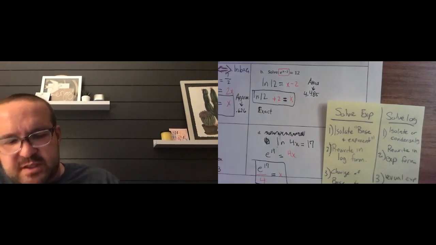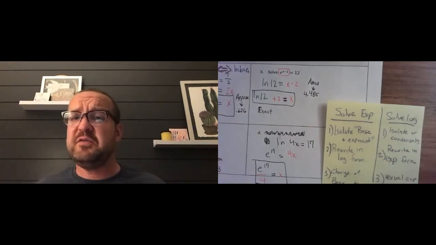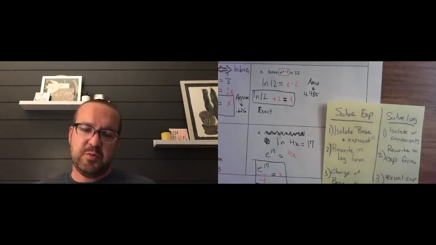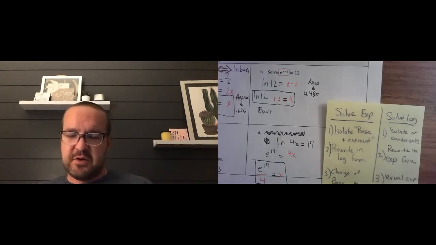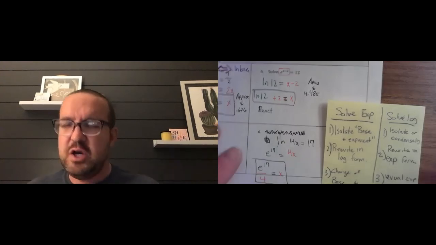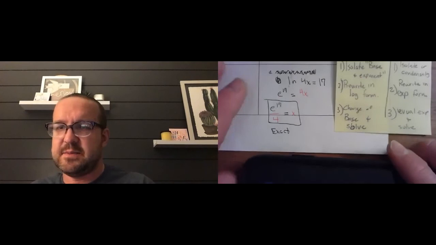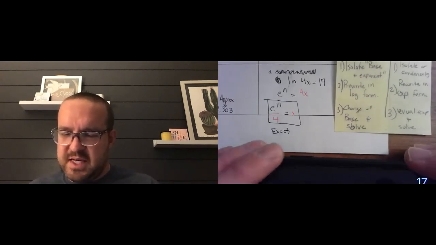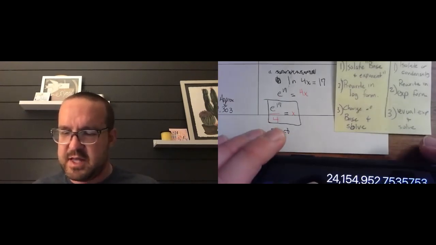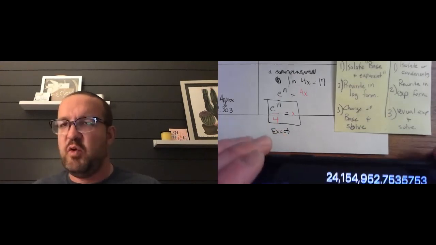Now we can use the calculator. Be prepared for this to be a ginormous number. When I wrote it just after I did, I said, ooh, I'm going to have e to the 17th power. That could be a little bit bigger than I was anticipating. So here we go, 17, and then e, look at that. That's over 24 million right here.